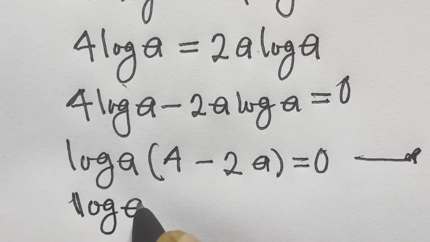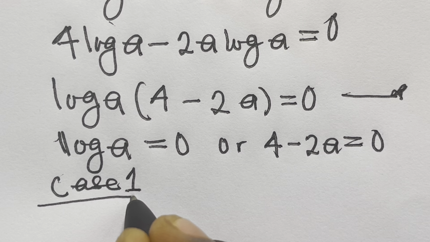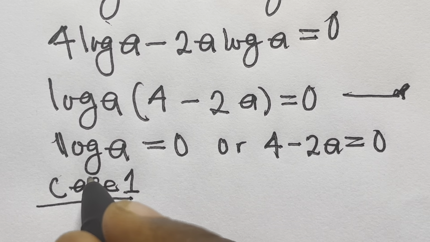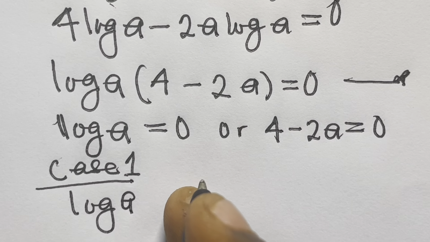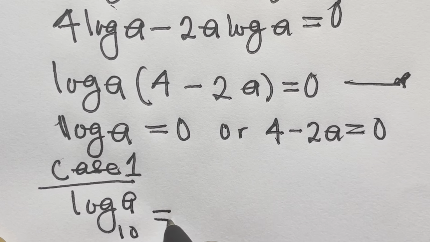So let's just take the first case. You can just say case 1. So if we choose case 1, we have log a, that is in base what? In base 10 equals 0.